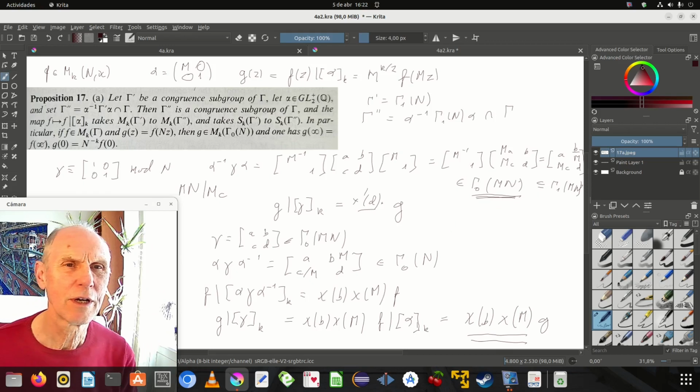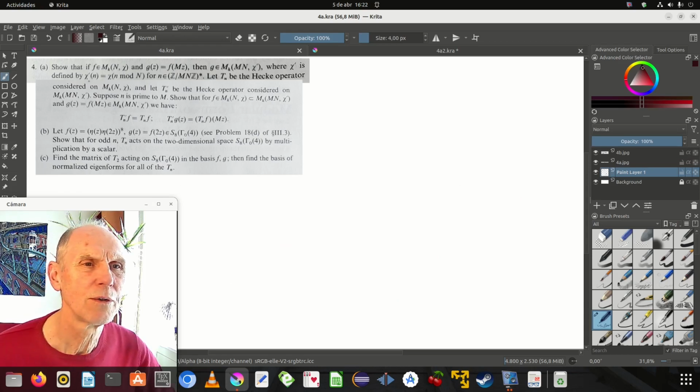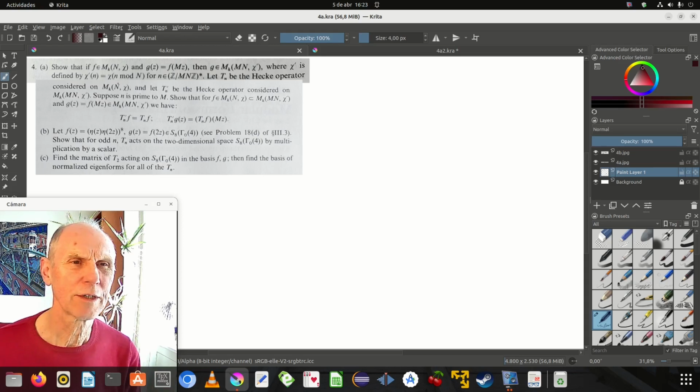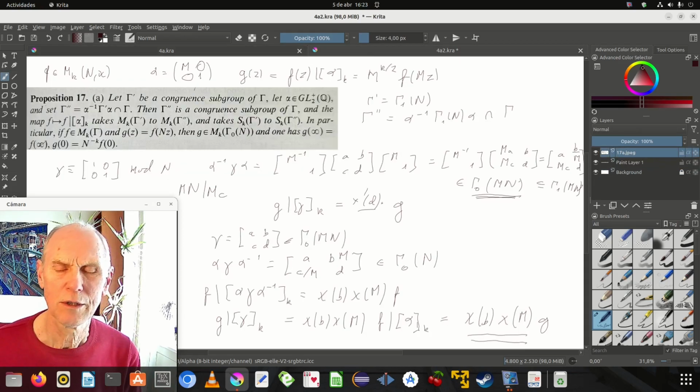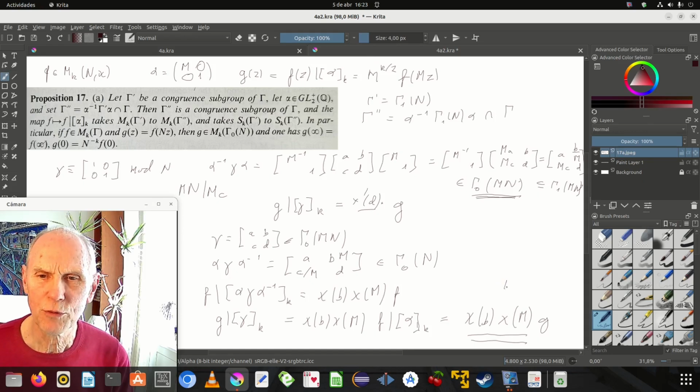I wonder if that was what we needed to prove. That's not at all clear to me. That's actually very unclear. But we need to prove that this equals chi of b modulo m.